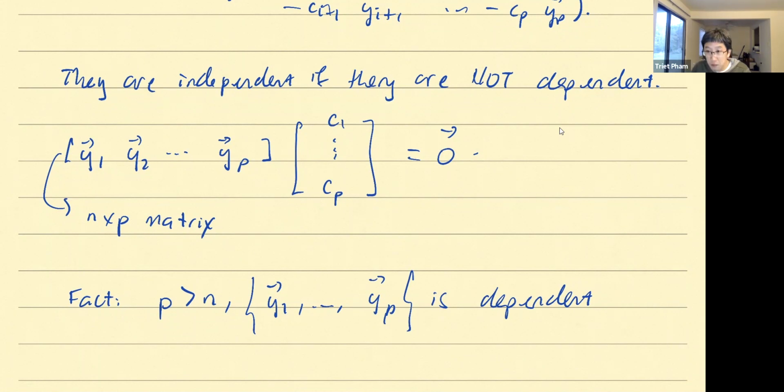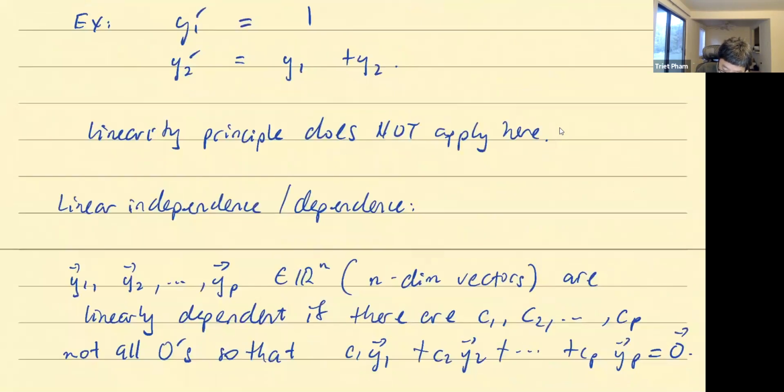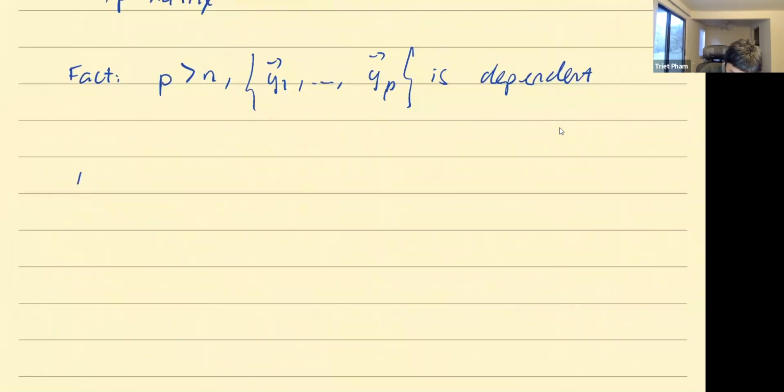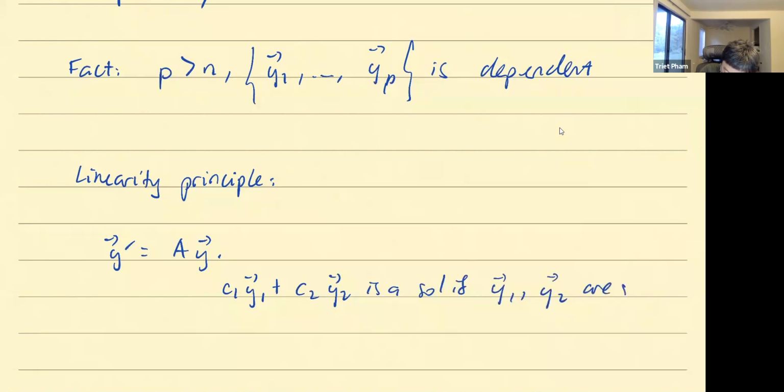Anyway, so let's see how this connects back to what we looked at from the linearity principle. The linearity principle says that if you have y prime equals Ay, then c1y1 plus c2y2 is a solution if y1, y2 are solutions.